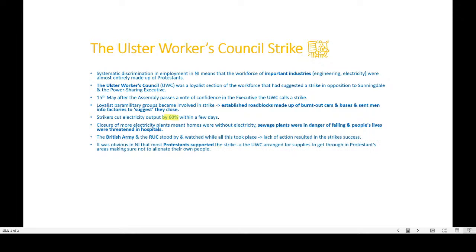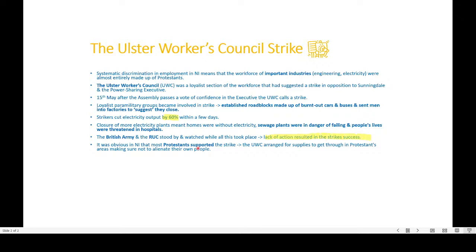The British Army didn't really think that their role in Northern Ireland was to stop people from striking. They viewed their role there as to stop terrorism taking place in Northern Ireland, and it was this lack of action that resulted in the strike's success in Northern Ireland.